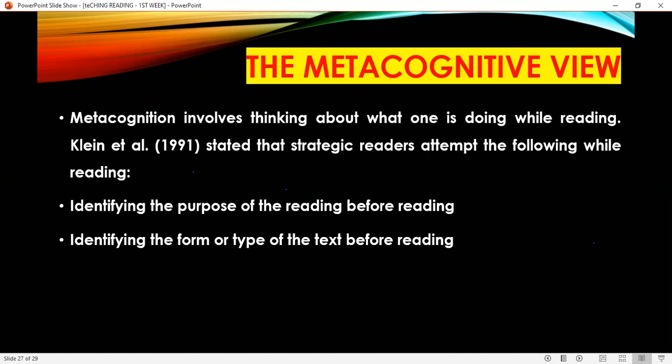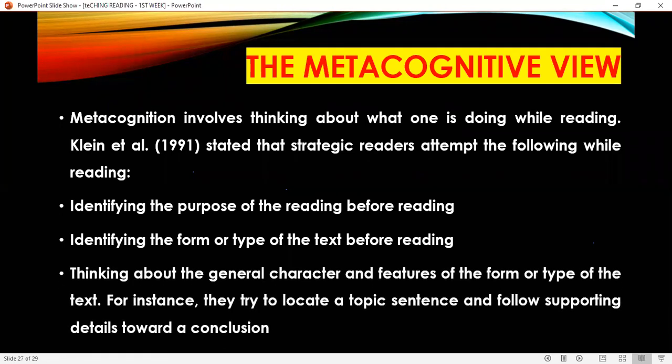So notice they identify the form or type of the test before reading. And thinking about the general character and features of the form or type of the test. For example, for instance, they try to locate a topic sentence and follow supporting details toward a conclusion.